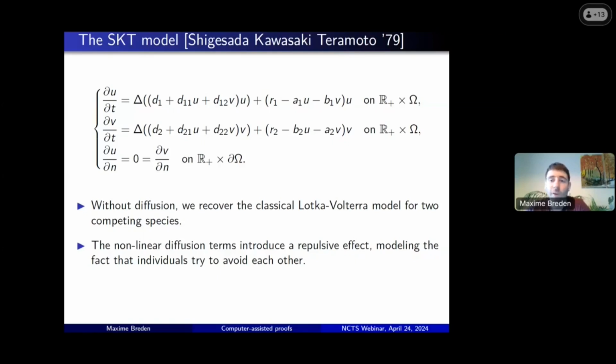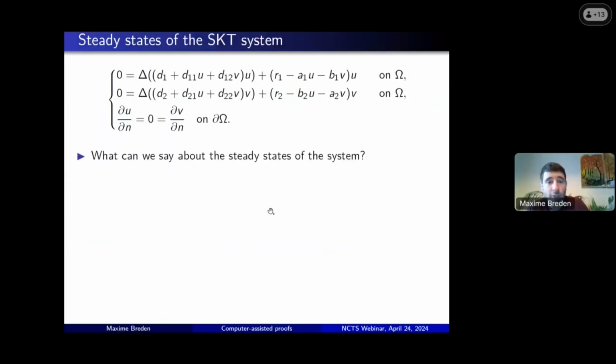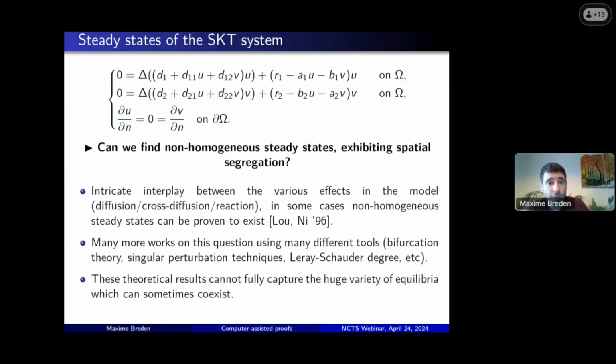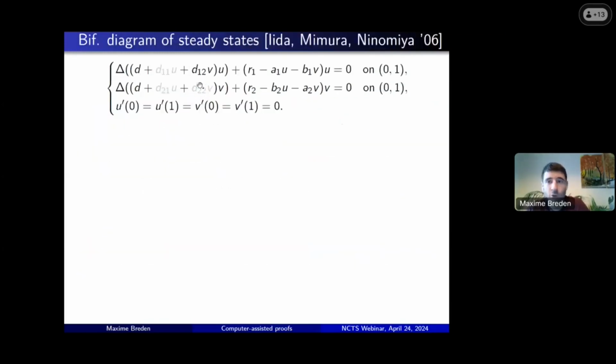Sometimes, but not always. For instance, for this problem, this case is called the triangular case, because there is no cross diffusion for V, only for U. This one mathematically is simpler because at least for V you have a maximum principle argument and this kind of thing.